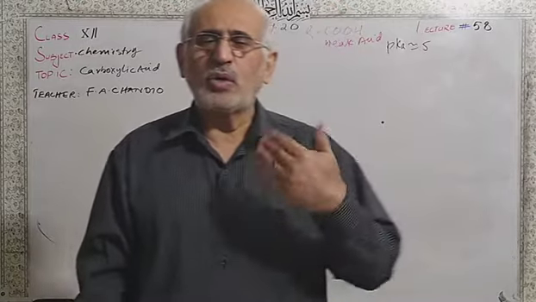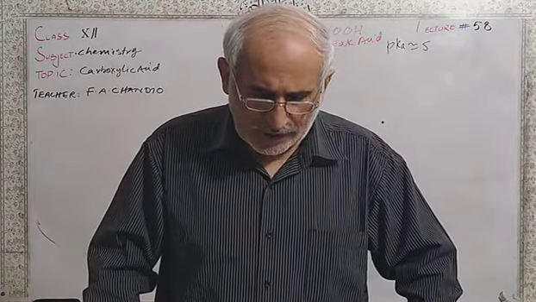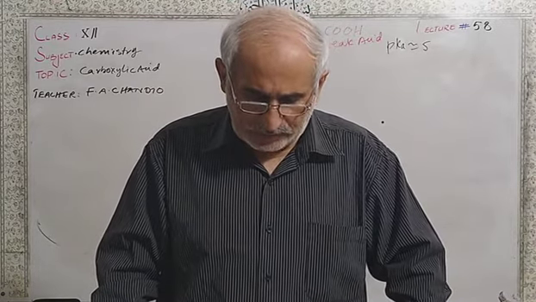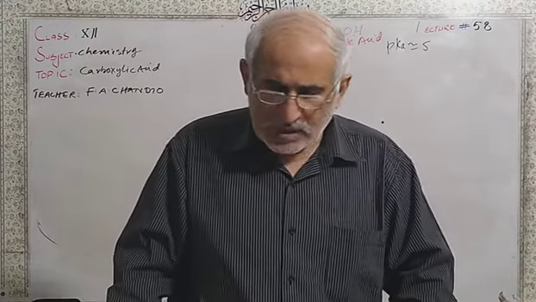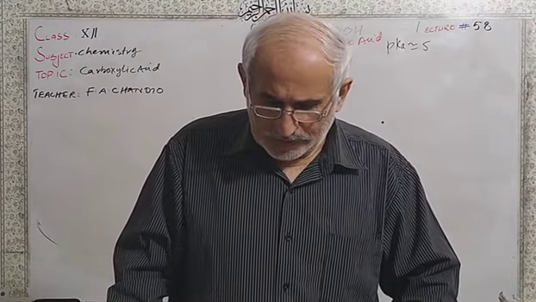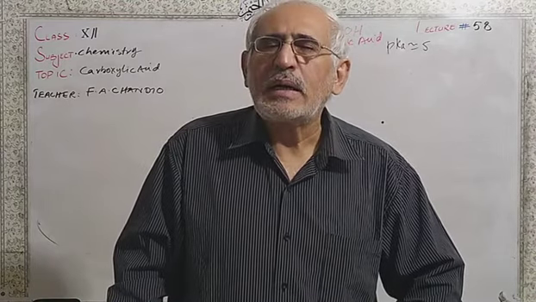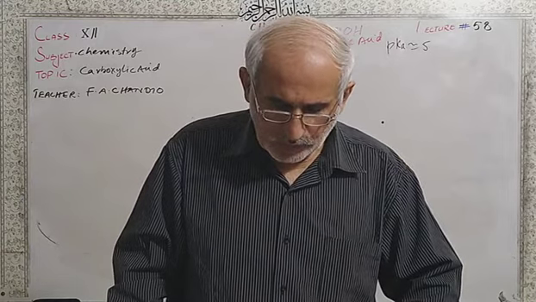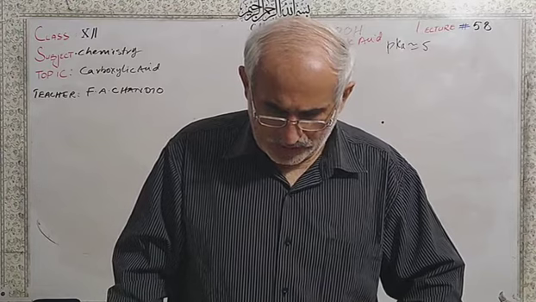If you compare the different acids: ethanoic acid has a pKa value of 4.7, formic acid has a value greater than that of 4.7, and propanoic acid 4.9.